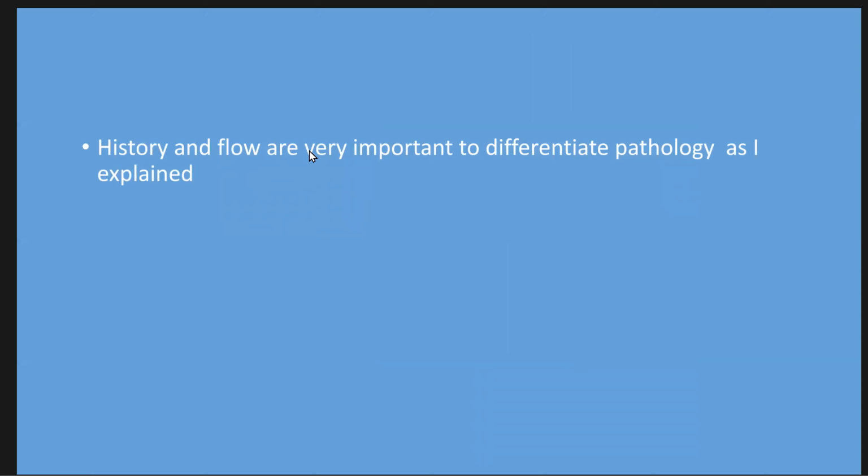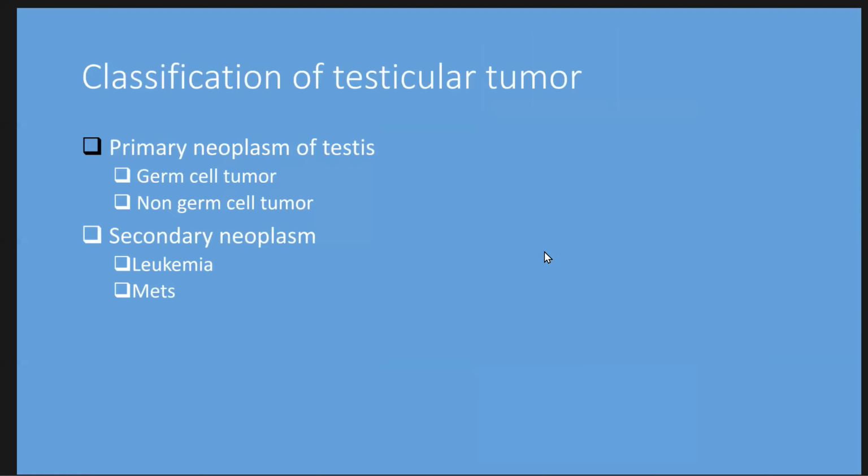So history and the flow are very important to differentiate pathology, as I explained in the previous examples. The classification of testicular tumor can be primary or secondary. Primary tumor can be germ cell tumor or non-germ cell tumor. Secondary tumor can be lymphoma, leukemia, and metastases.